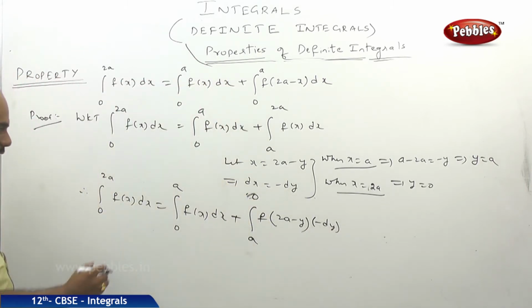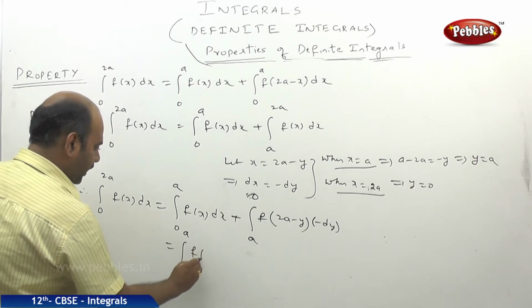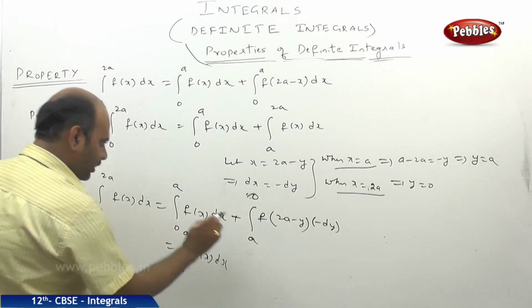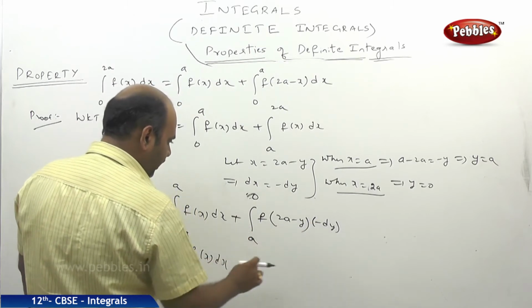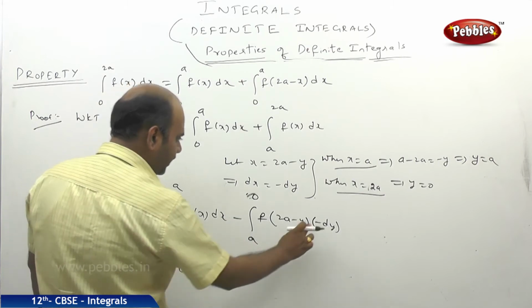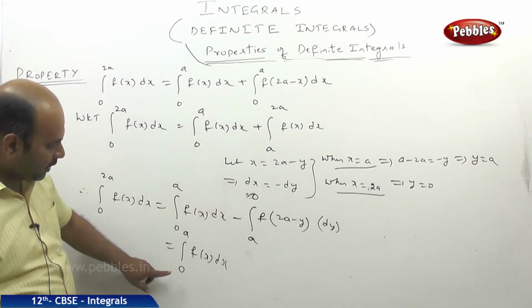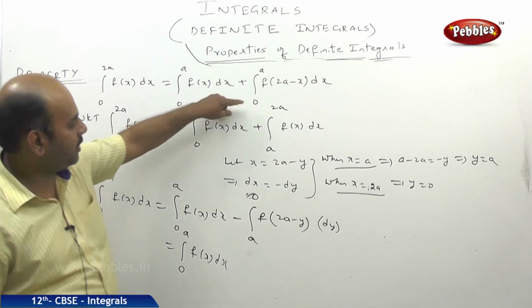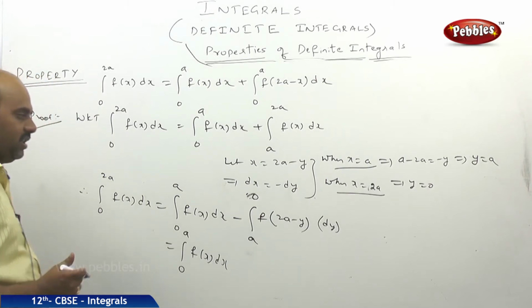So finally, if you observe carefully what we got, integral of 0 to a f of x dx. Now minus will be coming outside. As minus is coming outside, here I am writing minus, and here I will write dy. But if you observe carefully, 0 to a is there, but here a to 0 is there, and outside the minus sign is there.